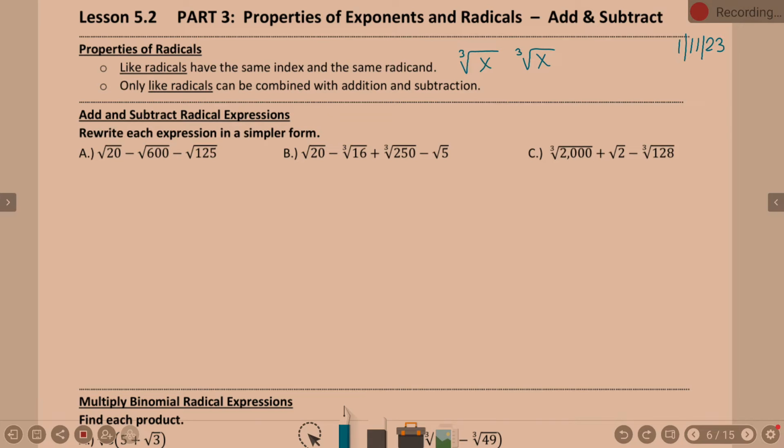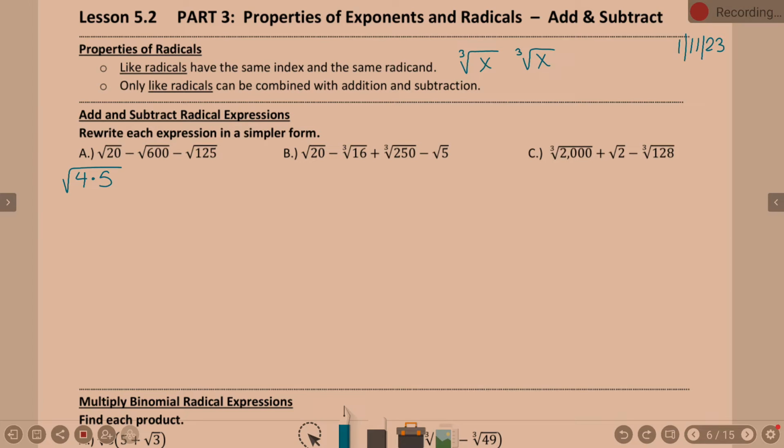So, square root of 20. Is 20 a perfect square? No. But does 20 have a perfect square in it? Yes. What do we know about 20? 4 times 5. So square root of 20, I can think about as 4 times 5.